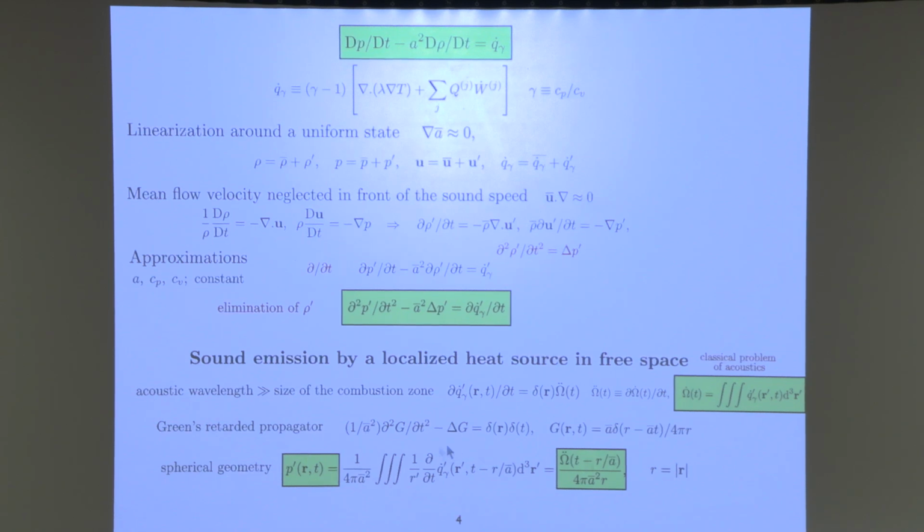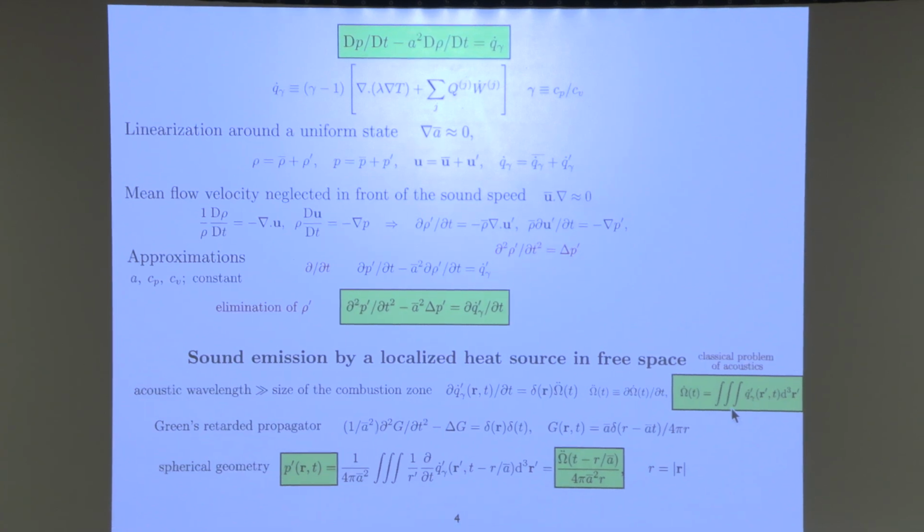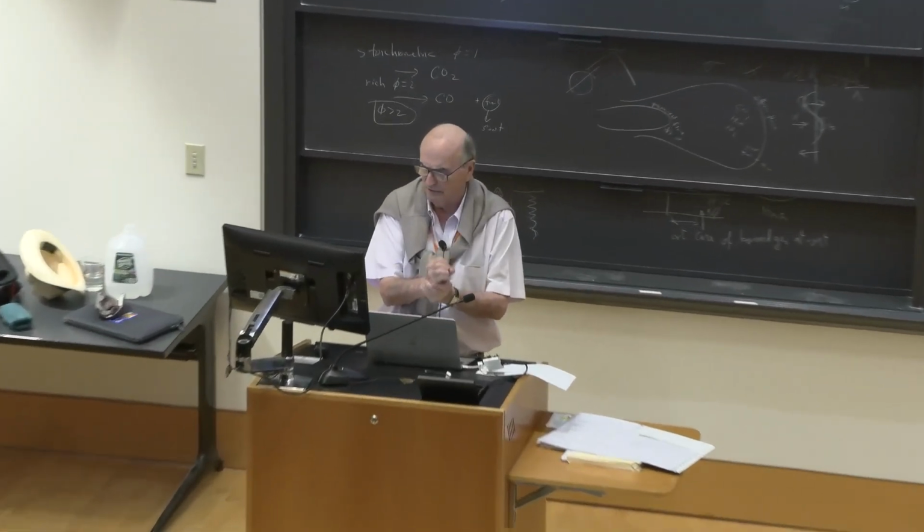And with this retarded Green's propagator, you obtain immediately that in spherical geometry, the fluctuation of the pressure at a given radius and a given time is related to the second derivative in time of the heat release, integrated over the small volume in which the heat is released.